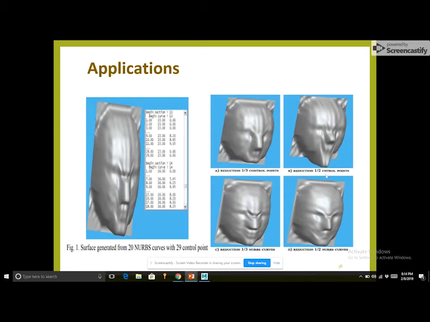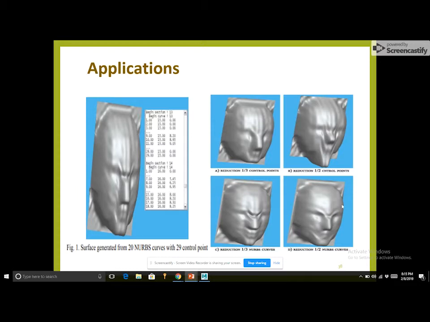And here they have reduced the control points to half. So we can see that the image is not good. This is not very similar to the human face. And here they kept the control points as it is, but they reduced the NURBS curves by one third. This is a result of the experiment, and here they kept the control points as it is, but they have reduced the NURBS curves to half.